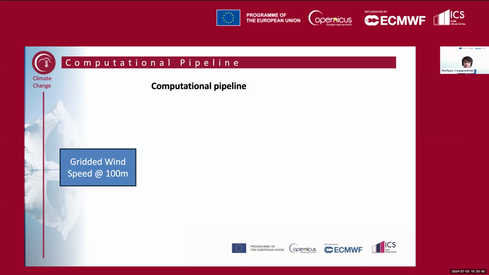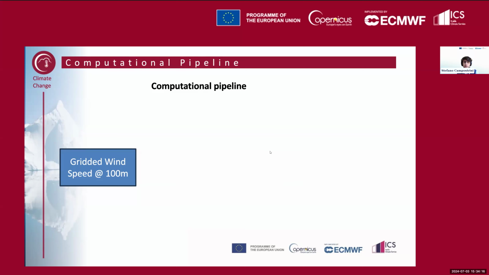So historical and projections have different spatial resolutions compared to seasonal forecasts. And I picked the height of 100 meters. And of course, this wind speed data was obtained from wind speed at 10 meters, bias adjusted. I will refer you to the previous webinar to have more information in this regard.